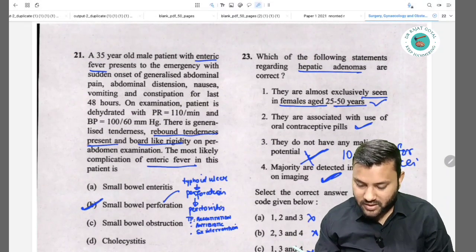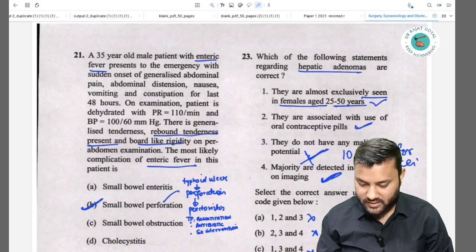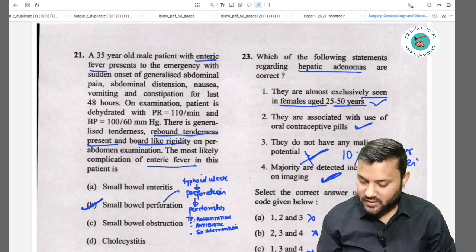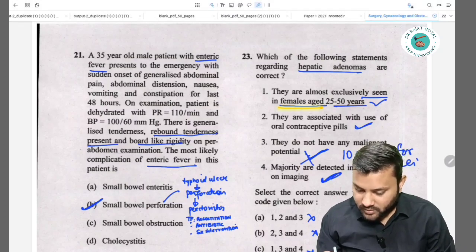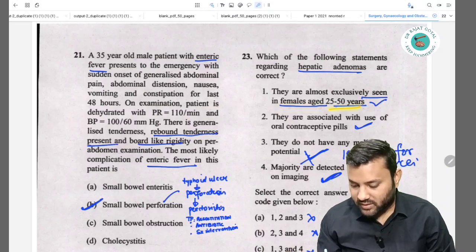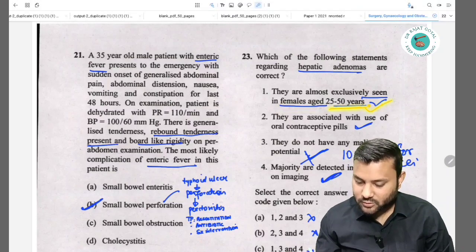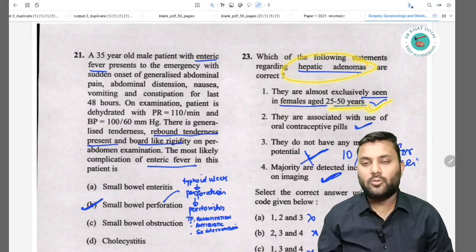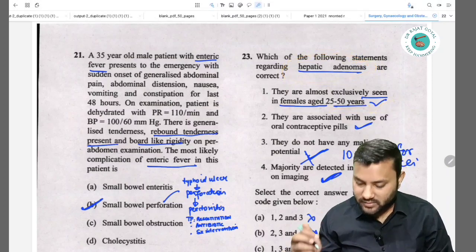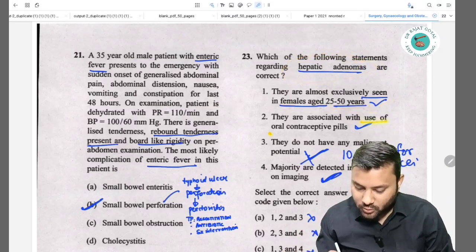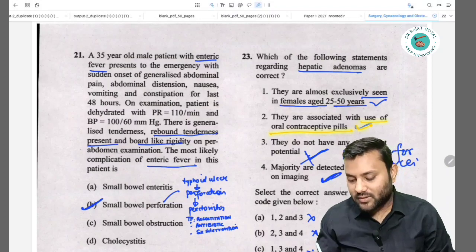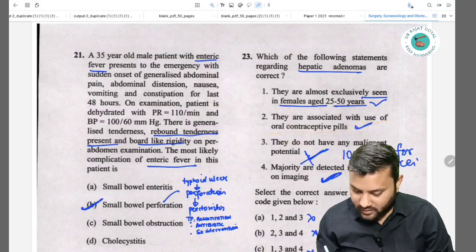Which of the following statements regarding hepatic adenomas are correct? They are almost exclusively seen in females aged 25 to 50 years. Yes, this is true because hepatic adenomas are generally related to younger ages. They are associated with the use of oral contraceptive pills. This is also true. They do not have any malignant potential.